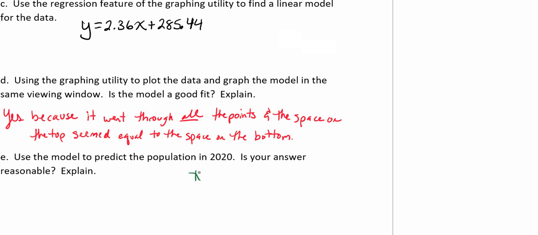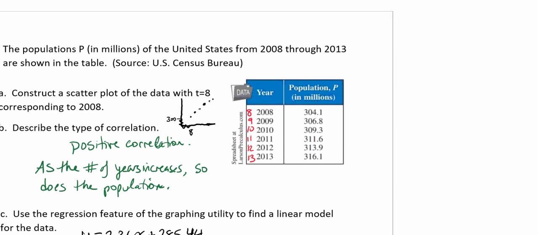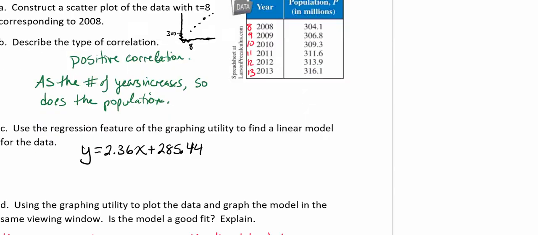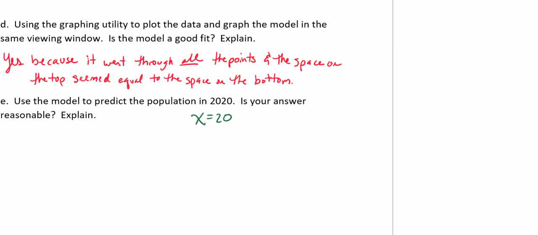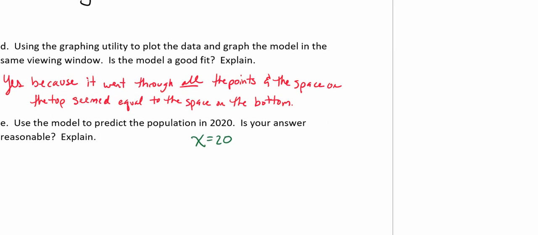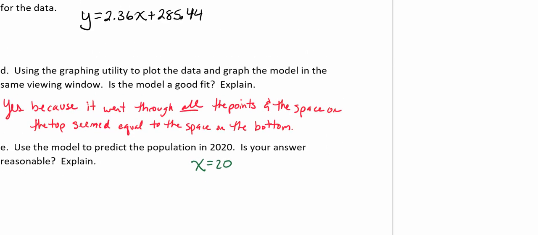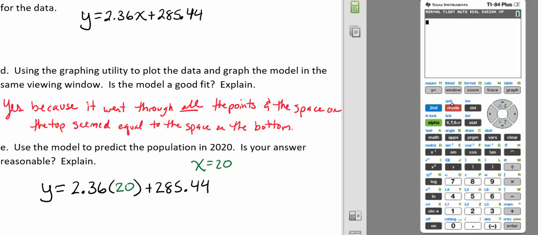Now the reason we're going to use x equals 20 is that, remember back up when we were given our data, it said that 2008 was the value 8, which means that 2020 would be the value 20. So we're going to go ahead and we're going to plug that into our model. So y equals 2.36 times 20 plus 285.44. And we can plug that into our calculator.